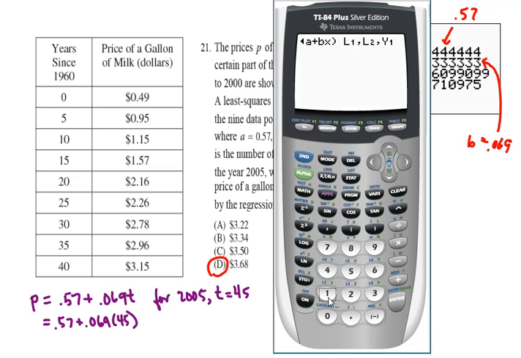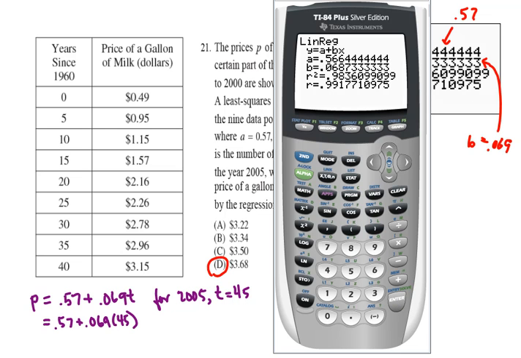What that's going to do when this is done is create a linear equation and put it in my y1 variable. So I'm going to run this now, and I get the same thing that I got before. By the way, those two numbers at the bottom, r squared and r: r squared is what we would call the goodness of fit.